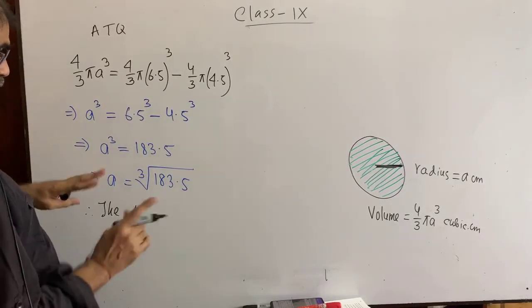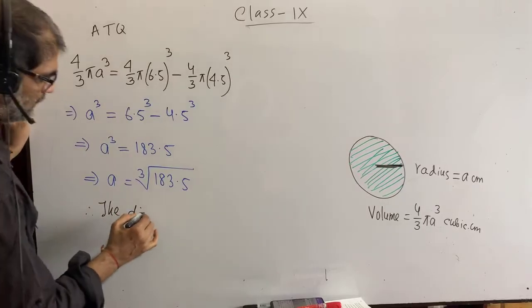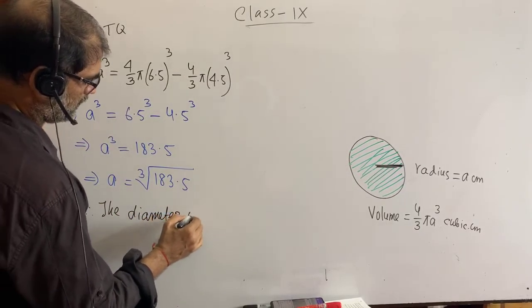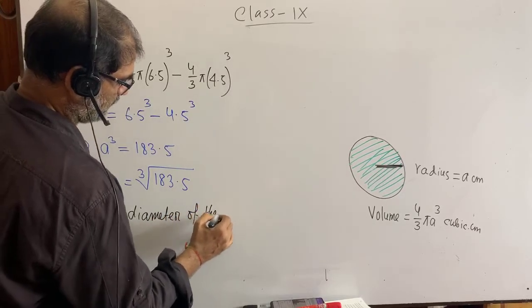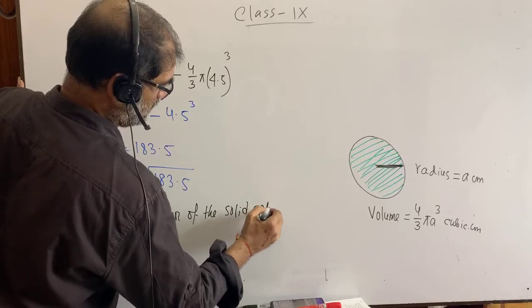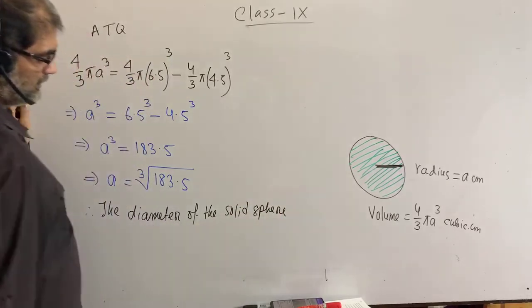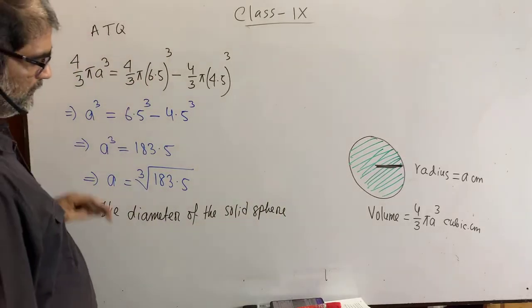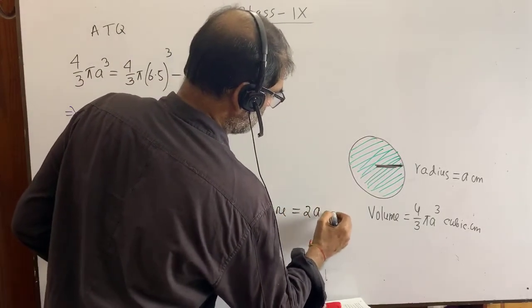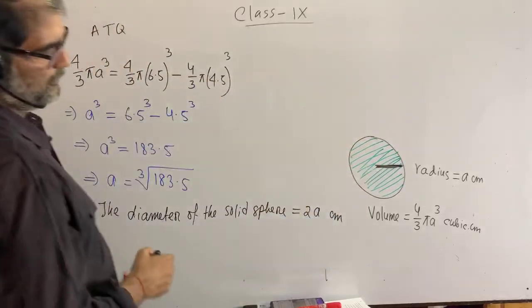Write down the diameter of the solid sphere. It is 2a centimeter, right?